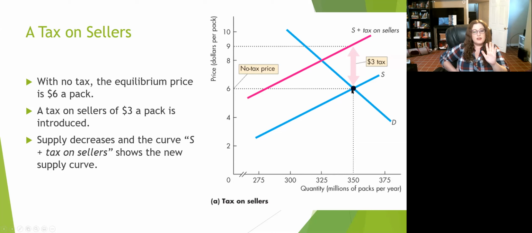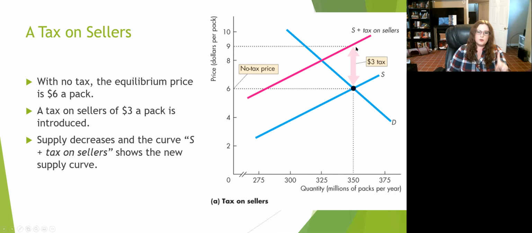Now, when we implement a tax, we raise the line by that much. The supply line, we push it upwards by the $3 of the tax. So if we had the same 350 million packs, instead of $6, it would actually be $9. It is increased by $3 because of that tax.